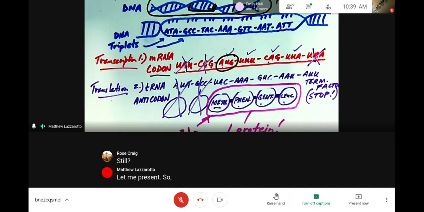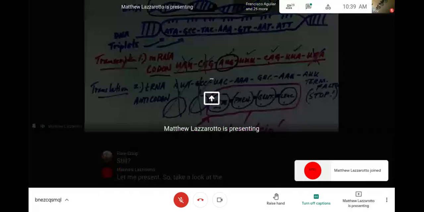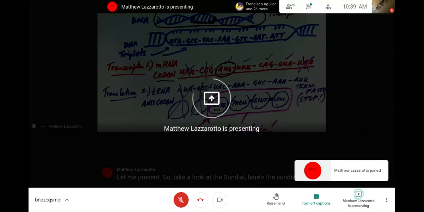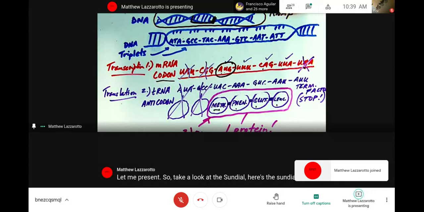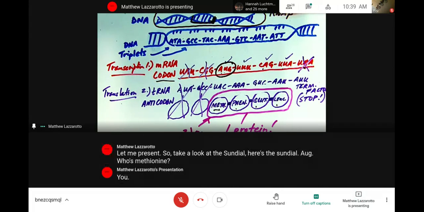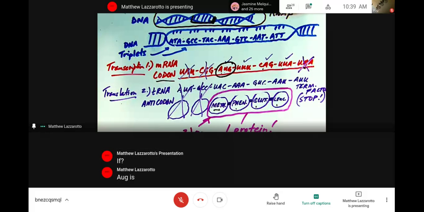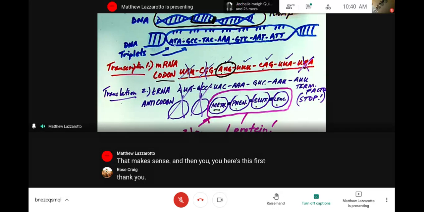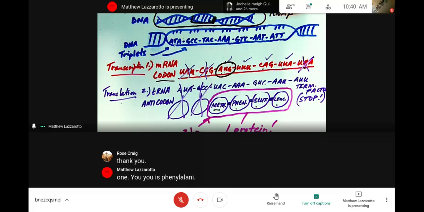So take a look at the sundial. Here's the sundial. AUG is methionine. Does that make sense? And then UUU, here's this first one. UUU is phenylalanine. And then CAG is the third.